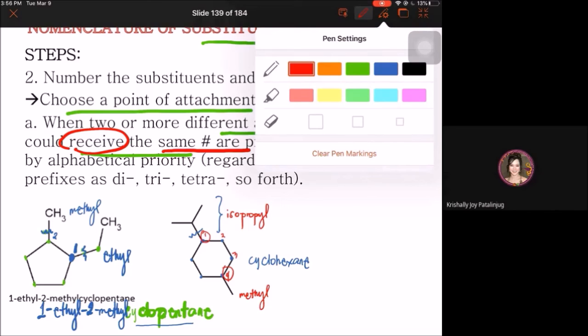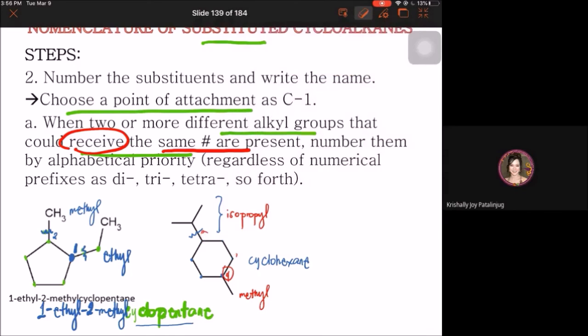The other way around, if the one below is carbon 1, then 2, 3, 4, it's the same thing. You still get 1 and 4 as the locations for the substituents.